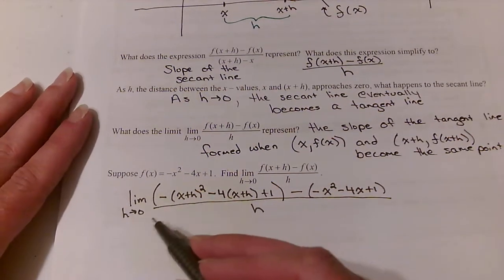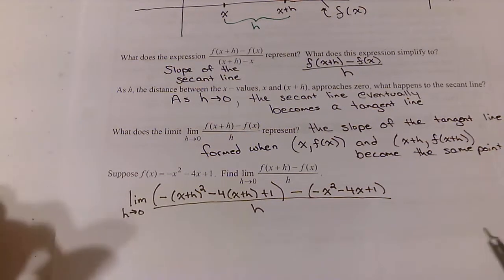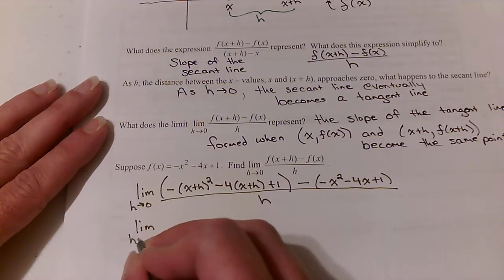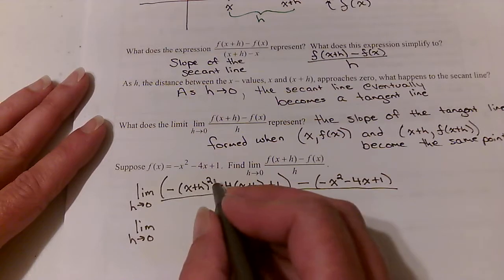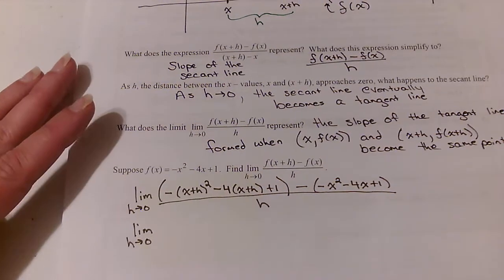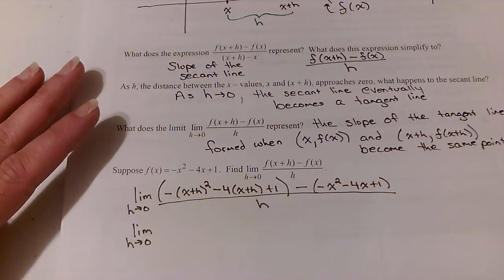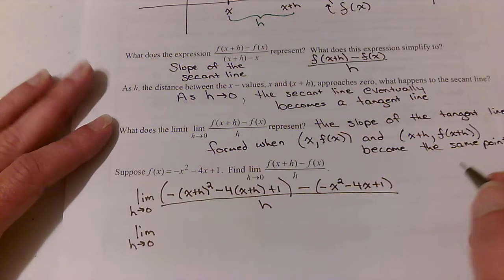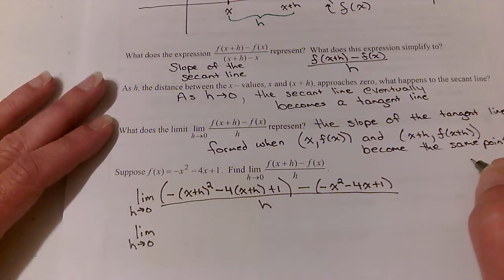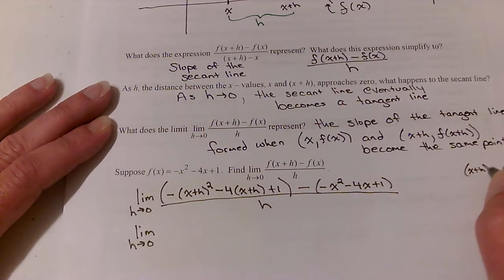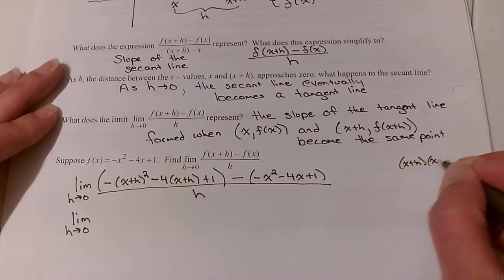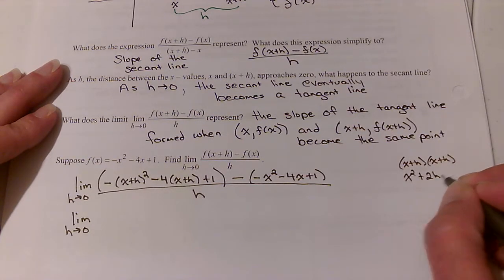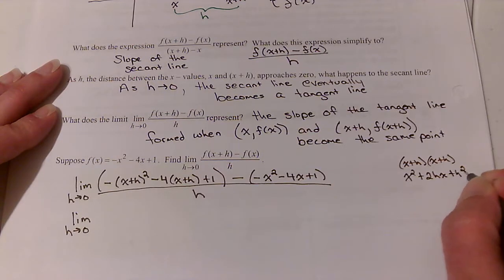Now right now, if I let h go to 0, well, I get 0 over 0, and we know that's bad. So that means we have to do something, and we need to simplify. So x plus h squared, that's really, so I'm going to come off to the side here. X plus h times x plus h, which is x squared plus 2hx plus h squared.